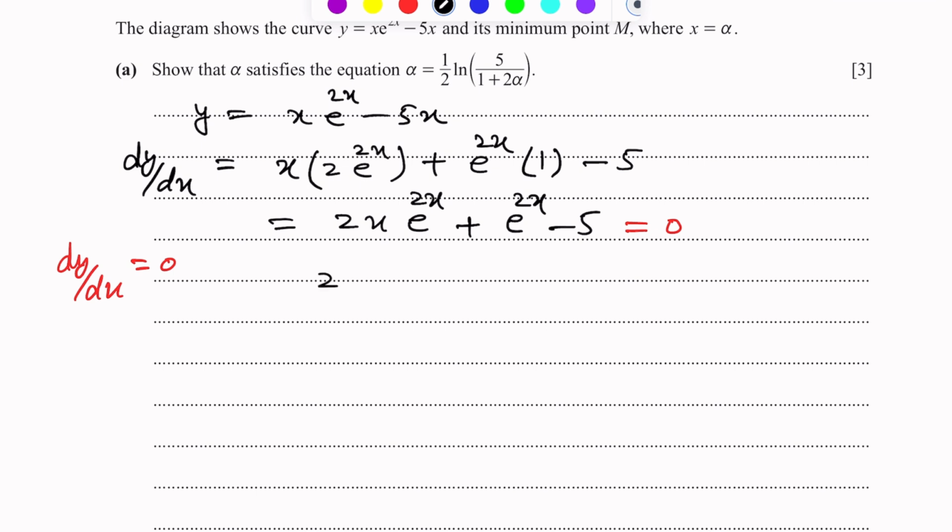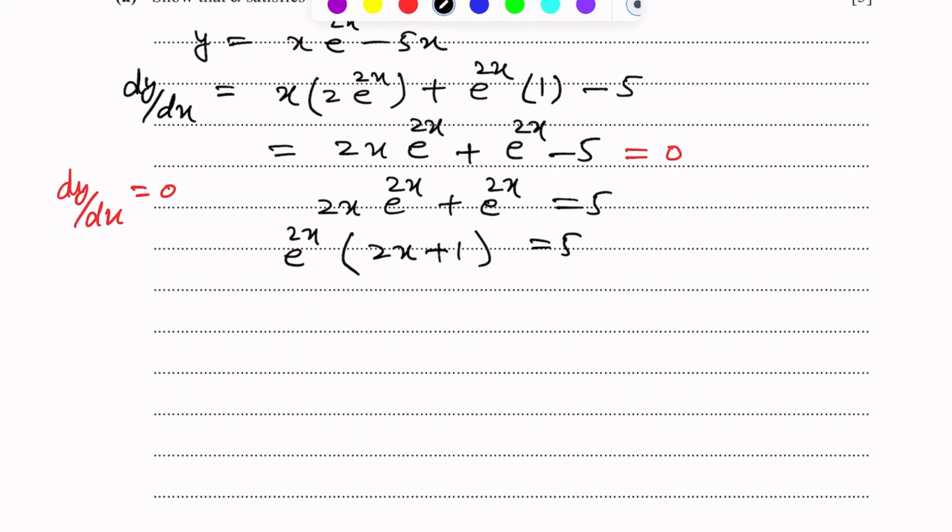So we can write 2x e power 2x plus e power 2x is equal to 5. Taking e power 2x as common, e power 2x times (2x plus 1) is equal to 5. e power 2x is equal to 5 over 2x plus 1.